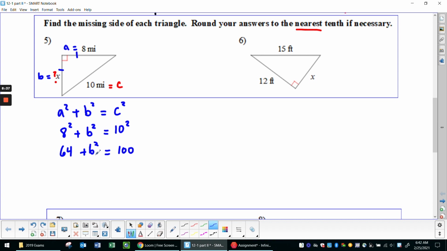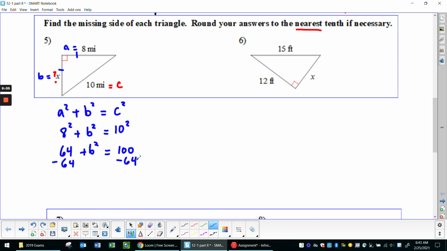Okay. At this point, we're going to utilize our knowledge to solve for B. We know how to solve for a variable, right? We've done this before with X and Y. It's just that B is being squared, so we'll square root at the end, just like when we square root to solve for C. So we're going to subtract 64 from both sides, right?